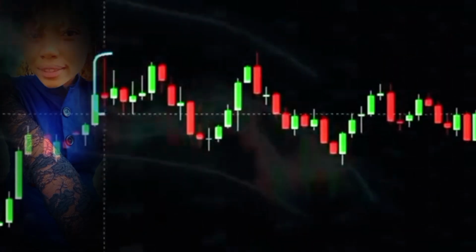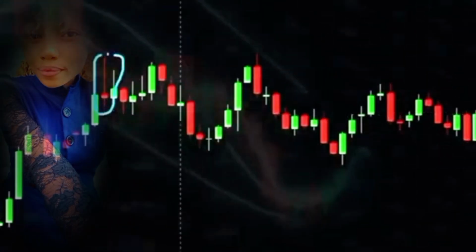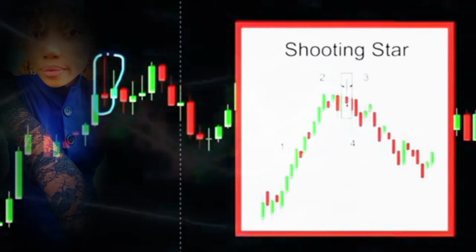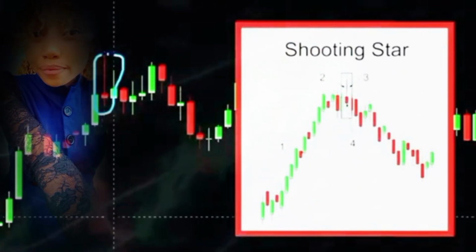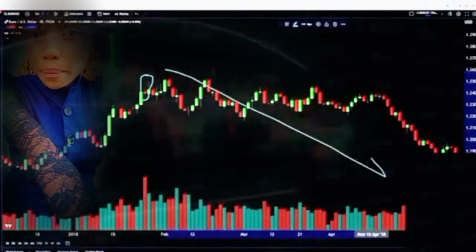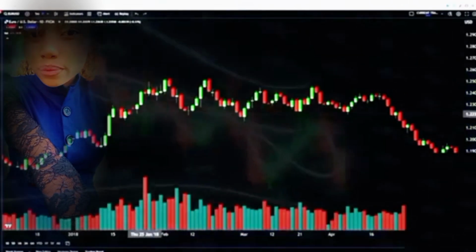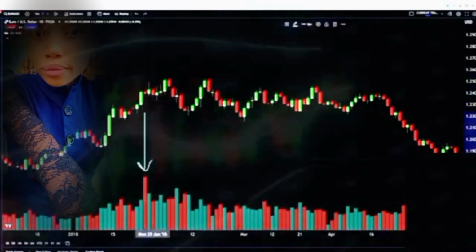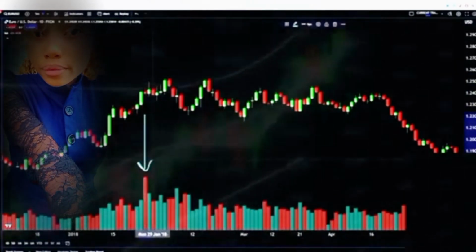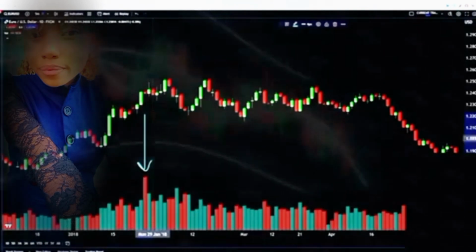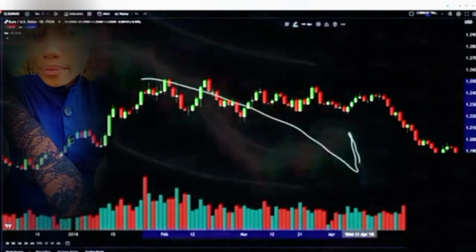What you also can see with this particular candle right here was that it pretty much printed a bearish shooting star. And a bearish shooting star is a bearish Japanese candlestick pattern that indicates a potential reversal to the downside. And when you have a bearish candlestick pattern together with lots of volume, that basically means that many traders are agreeing that this is a valid bearish pattern, and it increases the likelihood of an eventual reversal to the downside.